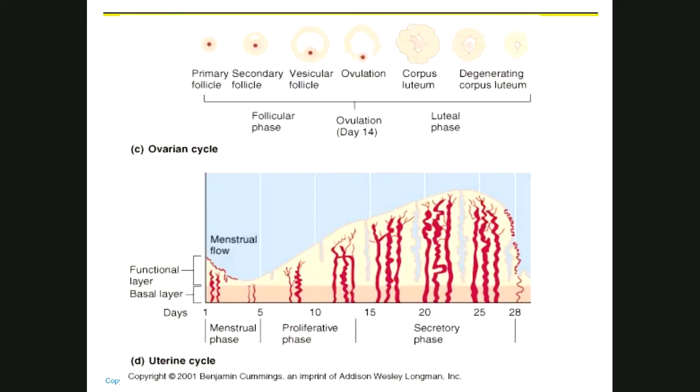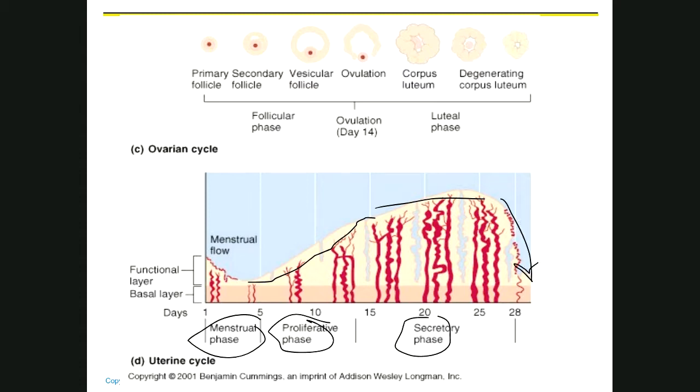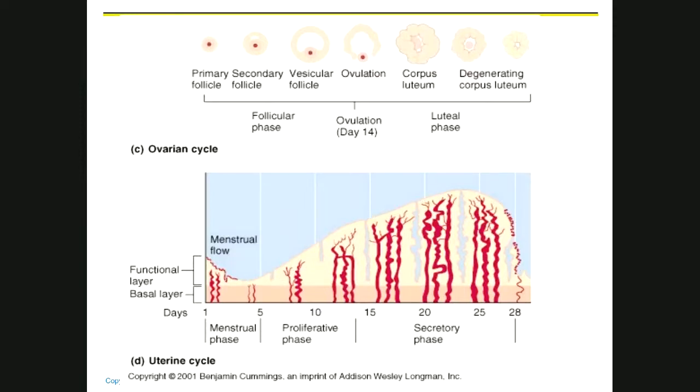So again, it's going to grow, it's going to become secretory, and then it's going to slough off. So there's this cycle going on. So look, there's two cycles that we talked about, one in the ovary. And remember what happens?